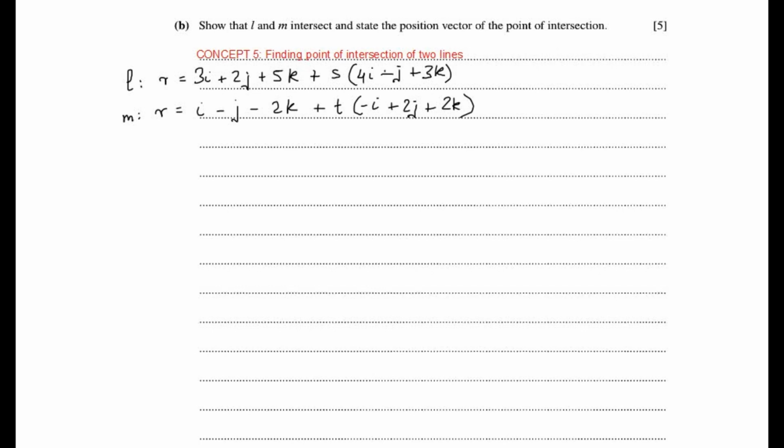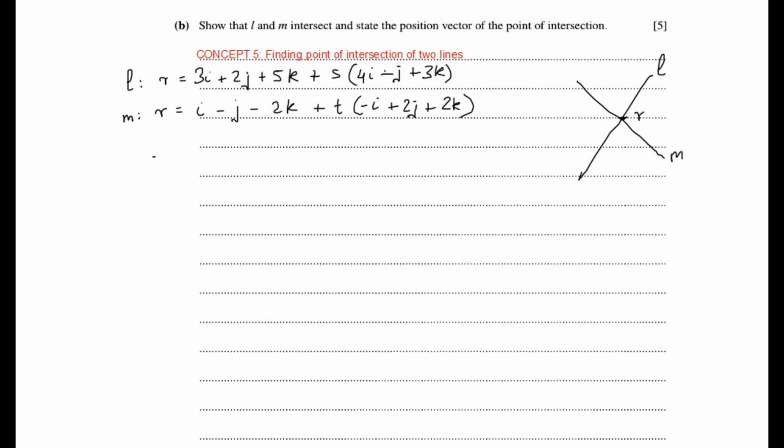The fifth concept that they test is whether you know how to find the point of intersection of two lines. So here I'm explaining this again. If there are two lines L and M, so this is L and this is M, if they intersect, they have a common point R, because R in these two equations represents any point on the line. So there is a common point, so we can equate the R's.